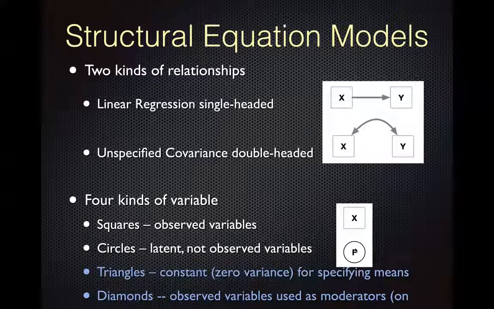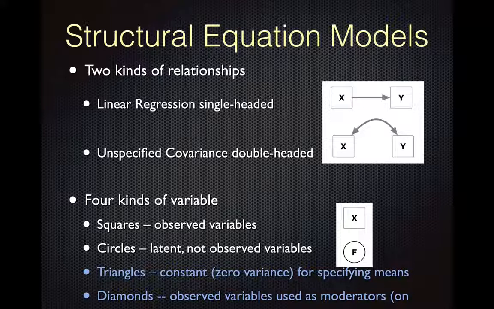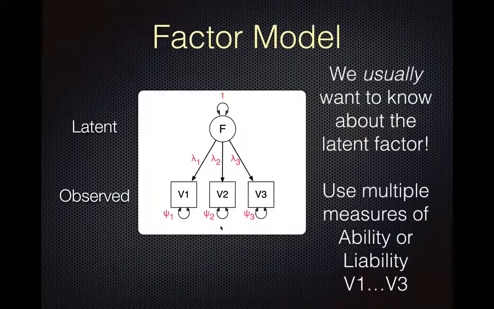There are a couple of other types of embellishments to path diagrams, particularly adding triangles for specifying models for the means, which turns out to be useful in areas such as growth curve modeling, where we're trying to predict not just the change in mean over time, but also change in covariance structure or variation over time. But we'll stick just with the two main types of variable.